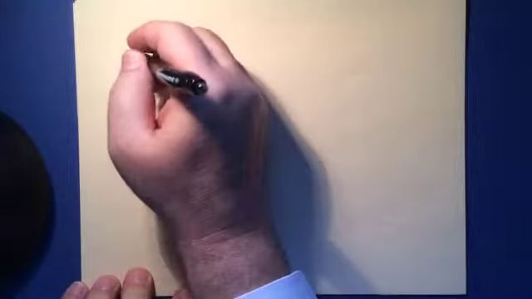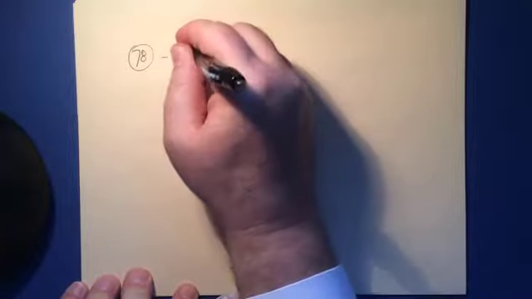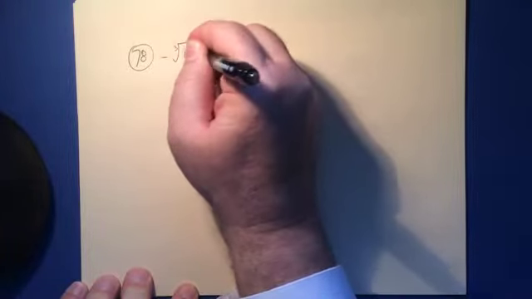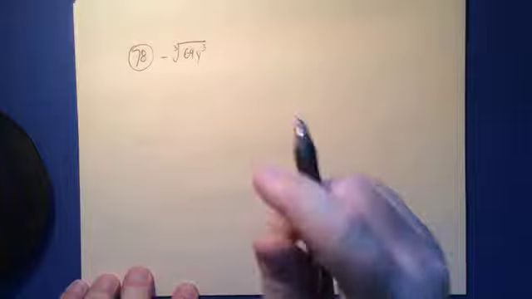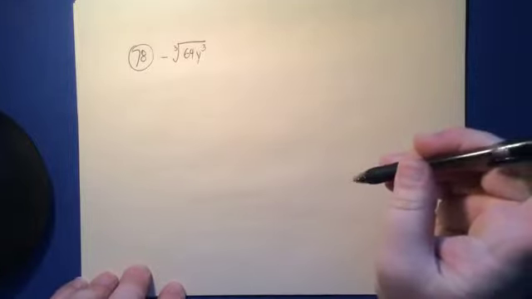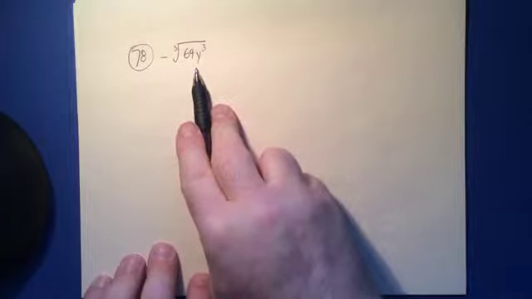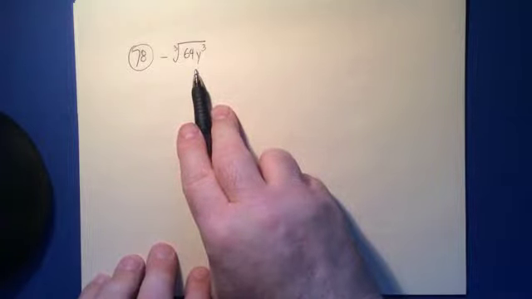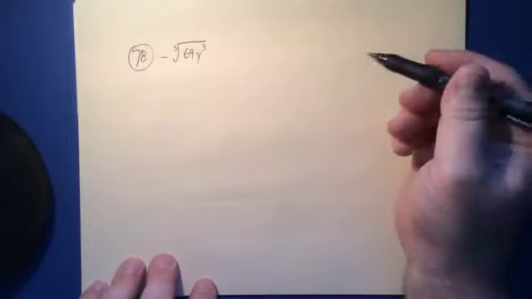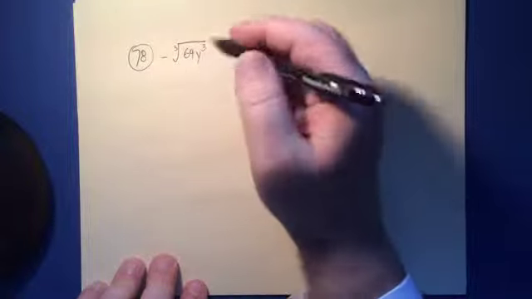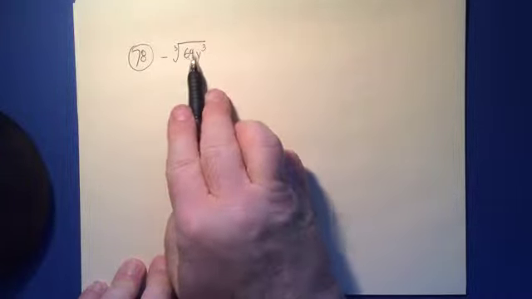I'm going to have a few other questions here to trip you up. Question number 78. We're going to have negative the cube root of 64y to the third. So in questions like this, when there are no negative values coming out, these answers aren't necessarily going to be impacted because the roots are not even. So we just proceed like we did with the other questions. We have the cube root of 64.